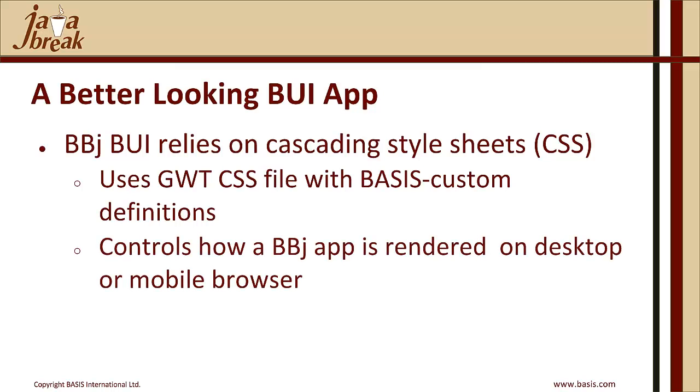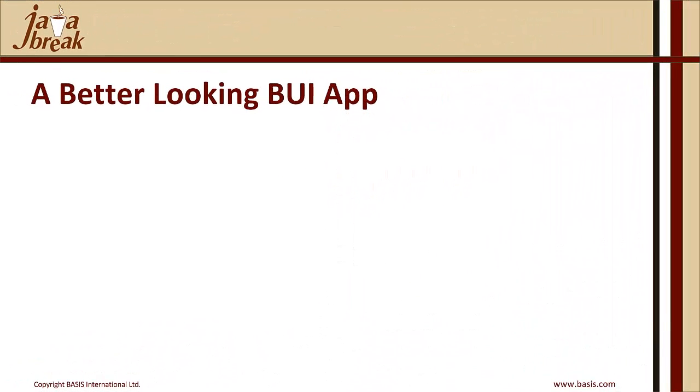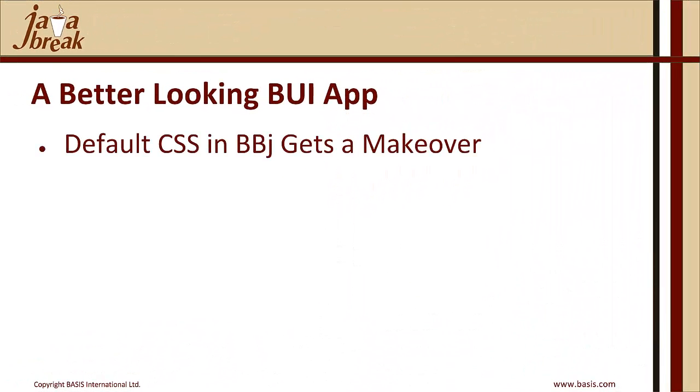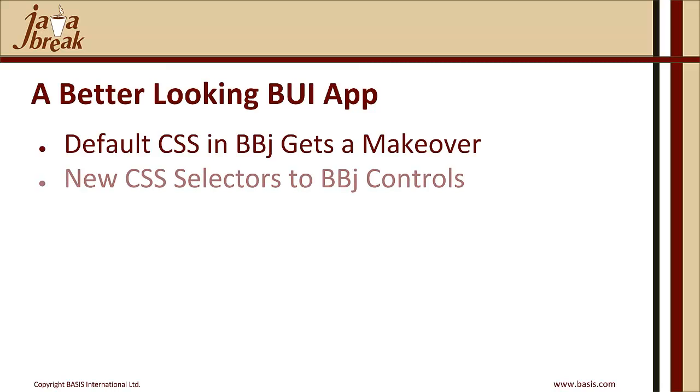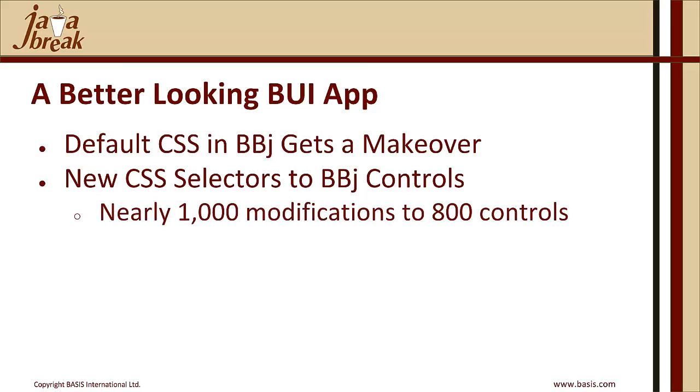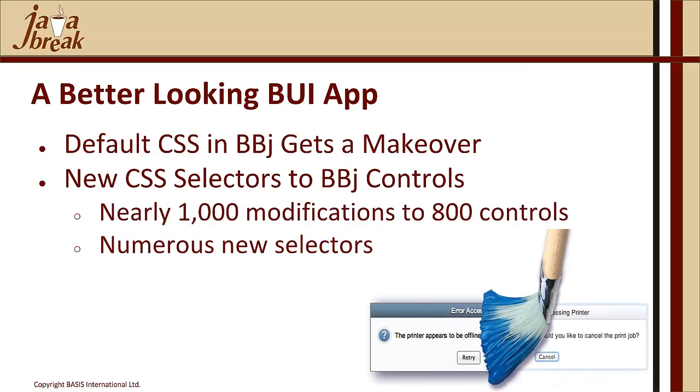And that controls how the app is rendered on desktops or in mobile browsers. The good news is that we've done a makeover to the default CSS in BBJ. We've added new CSS selectors to BBJ controls, nearly 1,000 modifications to 800 controls. We've added numerous new selectors.